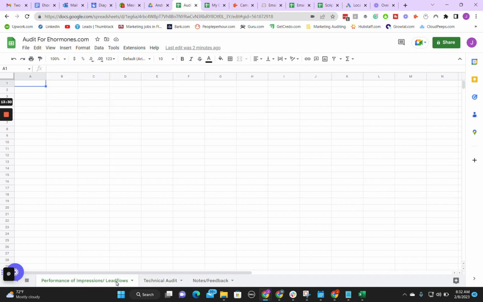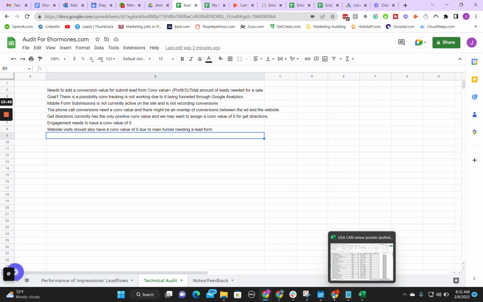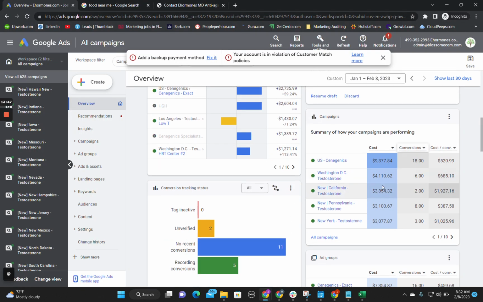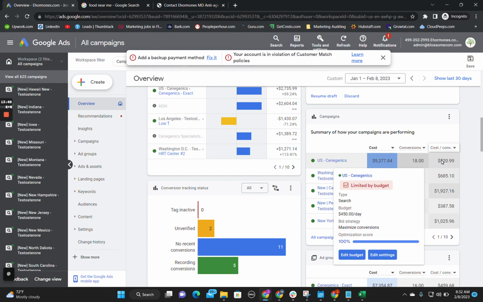That's how they described it, so I titled it that way. But when I give the directions to you or anybody else, lead flows is just a really fancy way of saying they want to lower their cost per lead or cost per conversion. So, anyways, going back to this, their current cost per conversion is $5.20 with 18 conversions. This is more than likely where they would want us to look at the most.